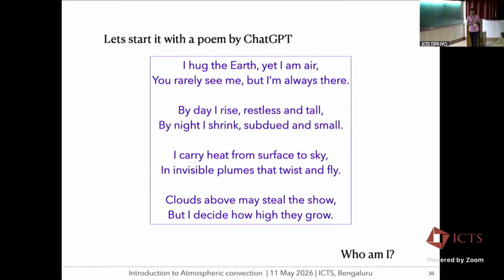It's written by ChatGPT, but it's pretty good for what I wanted to say. So I'll just read the poem out loud. I wanted ChatGPT to write a poem along the lines of who am I? So when I end the poem, just tell me who am I?